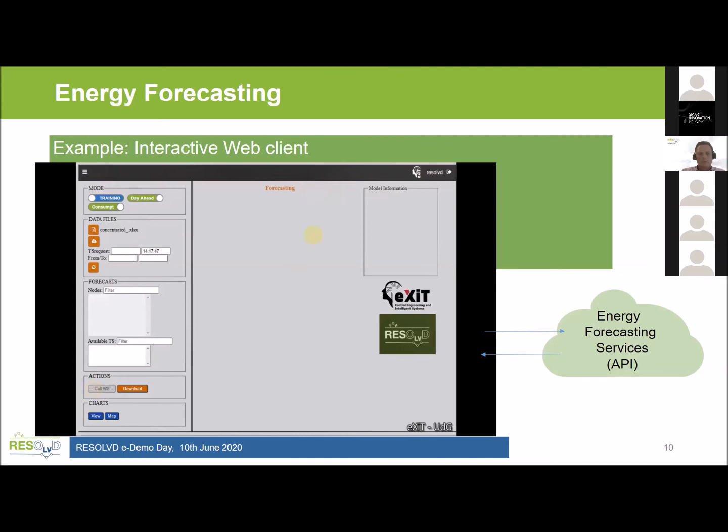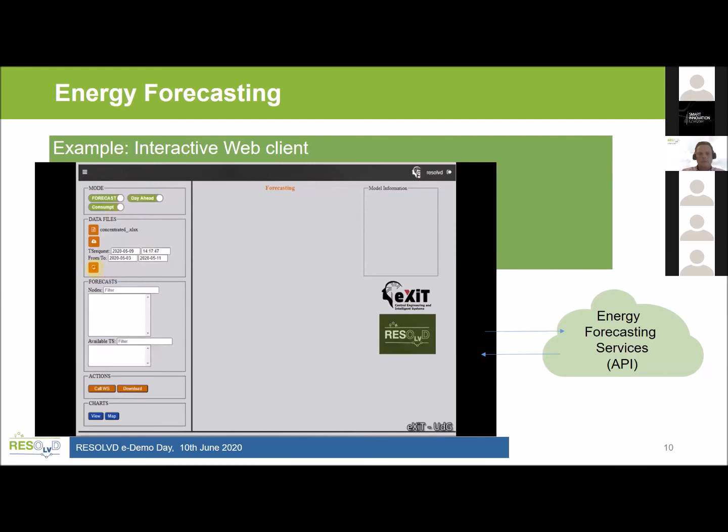After calling this web service, now we are training a specific model for all the customers that are in the file. Now the application informs that it has finished. So we can also train the different models for generation. They have been created. And now we can proceed, for example, to the forecasting. We can request a specific time, in this case, May the 9th.